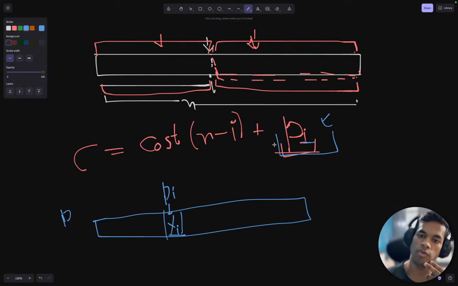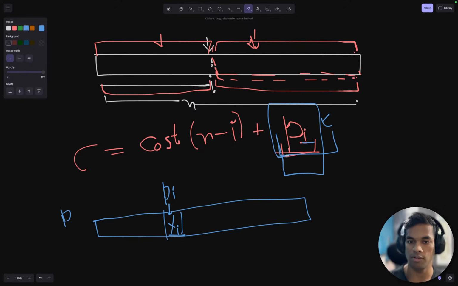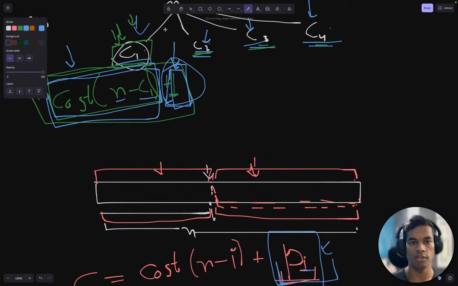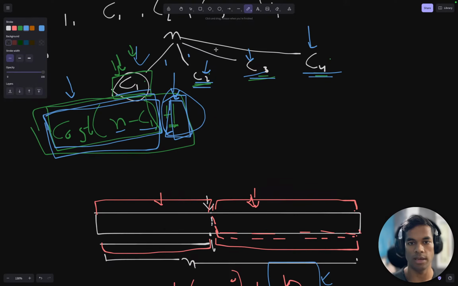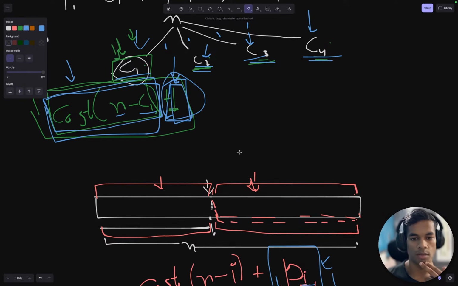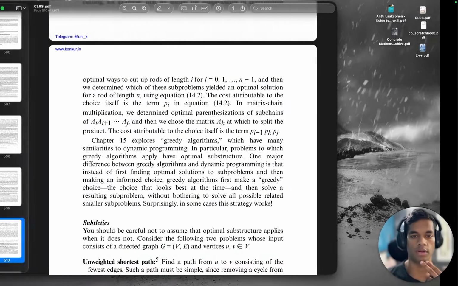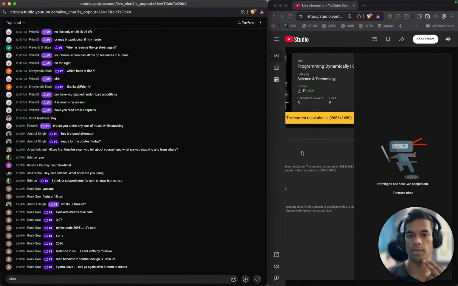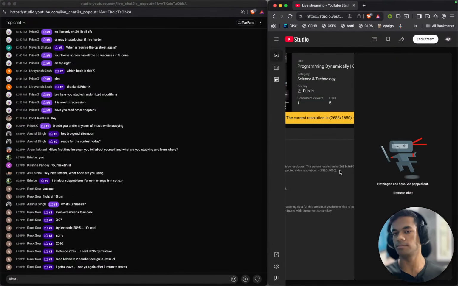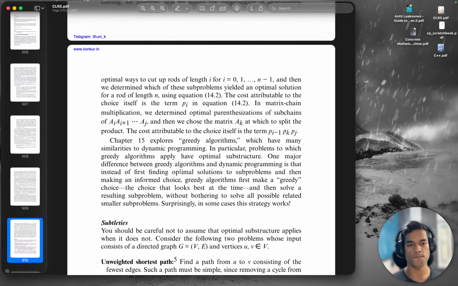And in this case, for every i, the cost for making that particular choice is different, unlike the coin change problem, where the cost for making a particular choice was the same. It was 1 for all the choices, but here it is Pi. It is different. That is cool. That makes sense.